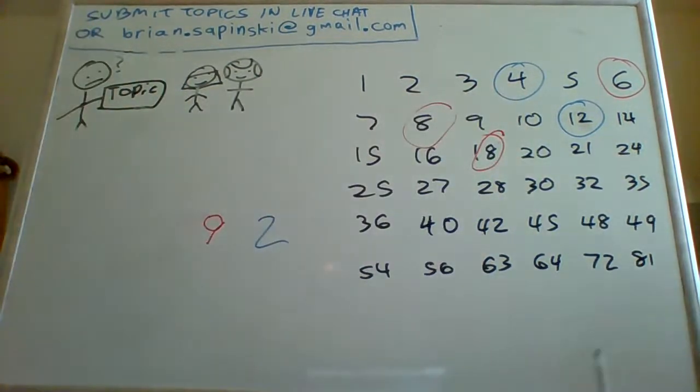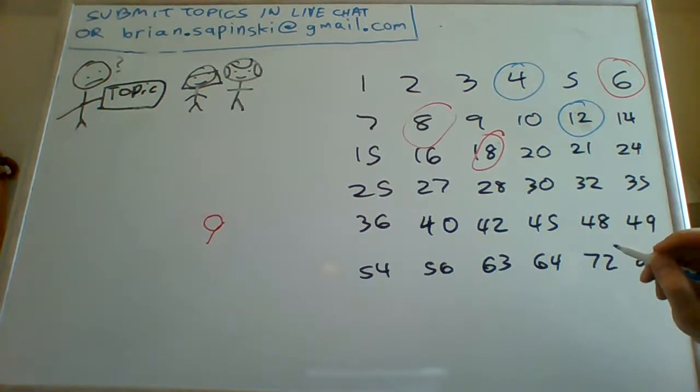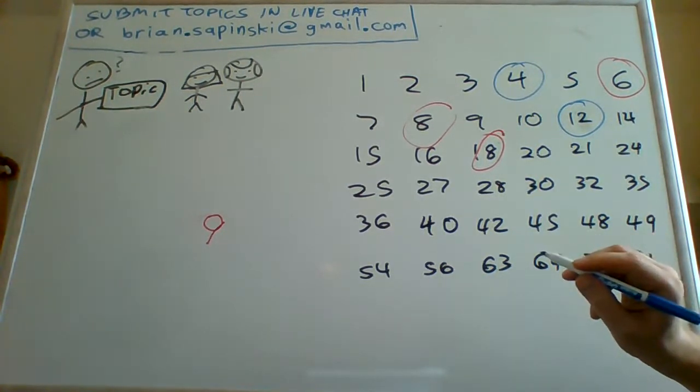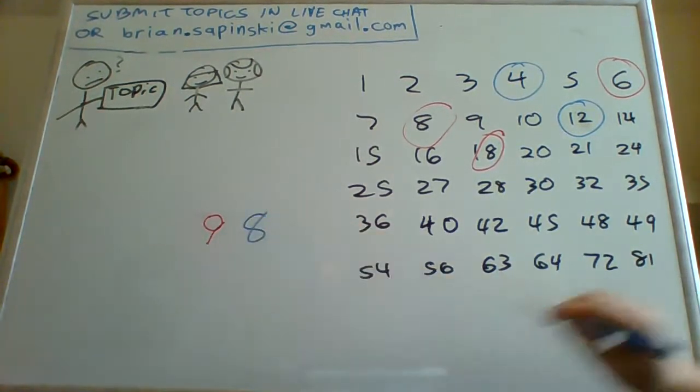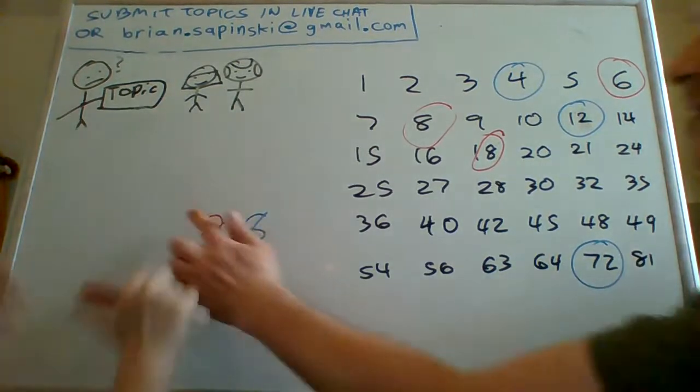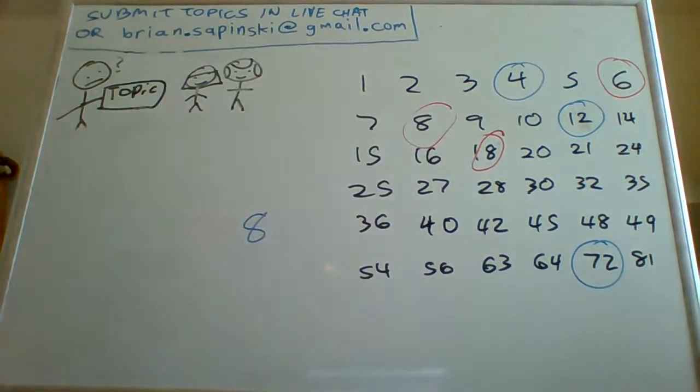There we go. That was a good number to pick because I can't jump to 24 for that, so I gotta try something else. Okay, let's see. How about 30? Okay, 72. Wait, do we have the time limit? We're still on the time limit.